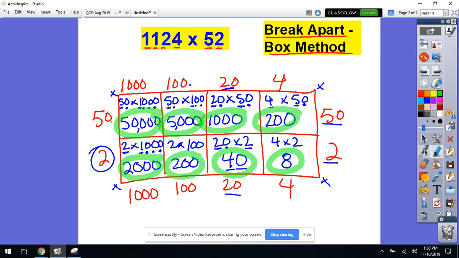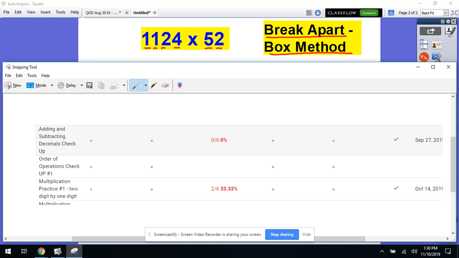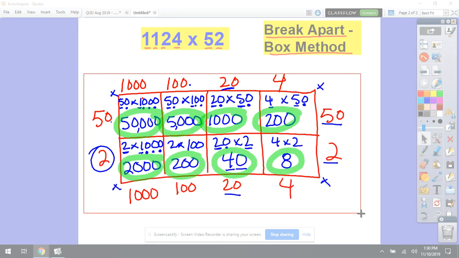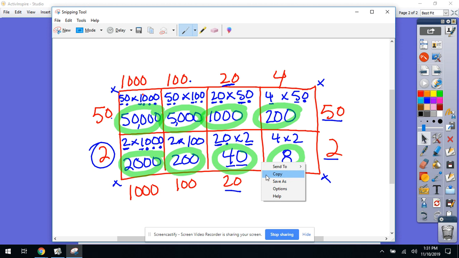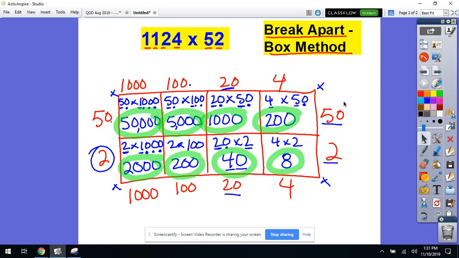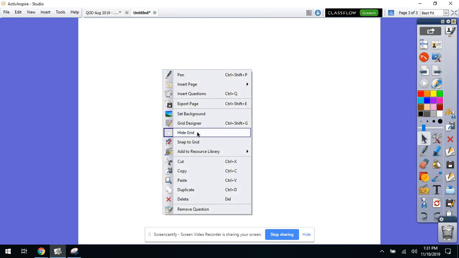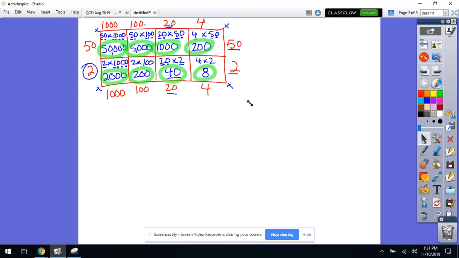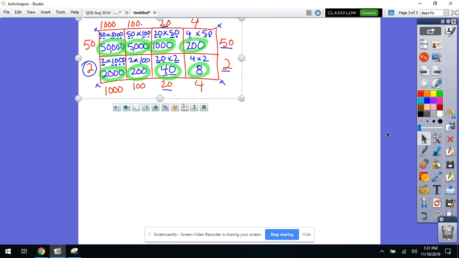Or here's what I'm going to do. I am going to do something real fast. Let's make this a little smaller. You guys have this on your paper, right?